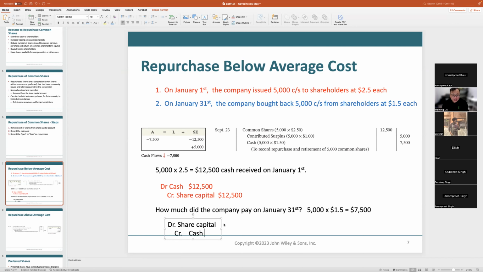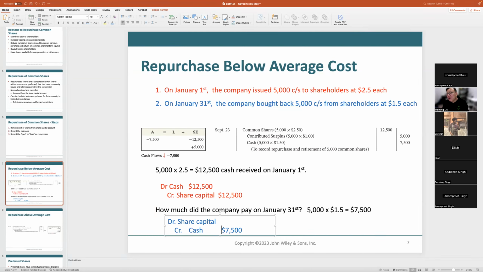How much cash do you credit? So your cash decreased, right? How much is your cash decreased by? Yeah, 7,500. And you retired all the 5,000 common shares.